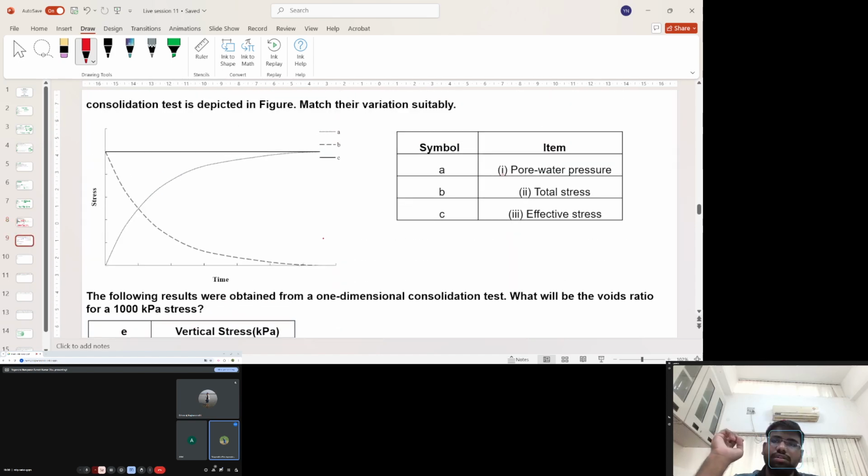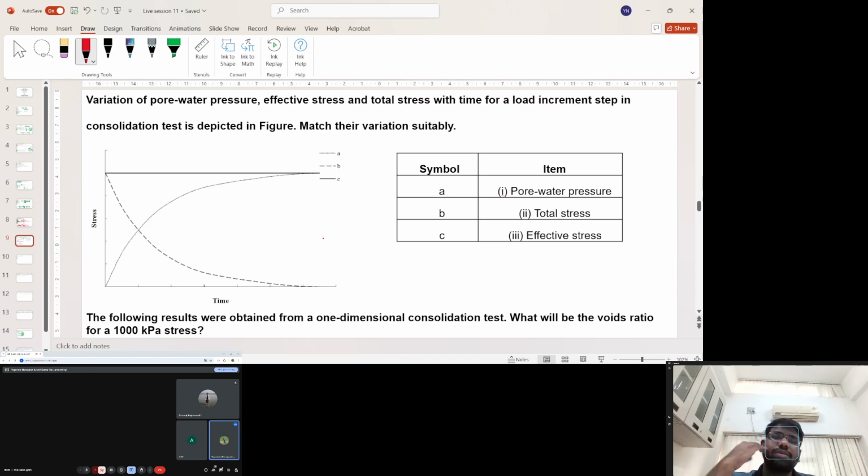Coming to the next question: variation of pore water pressure, effective stress and total stress with time for the load increment step in a consolidation test is depicted in the figure. Match their variation suitably. For a particular increment of load, they have plotted the variation in pore water pressure, effective stress and total stress.